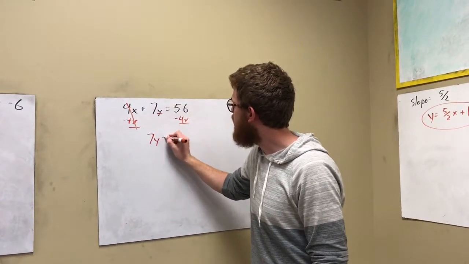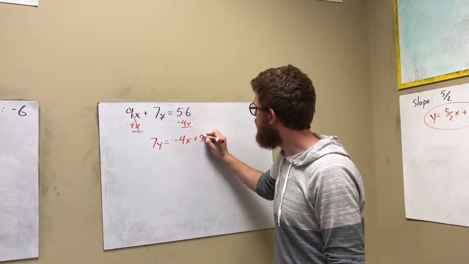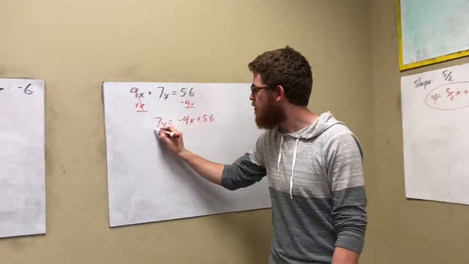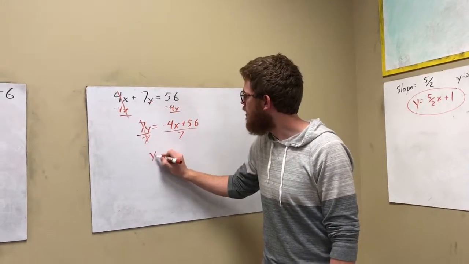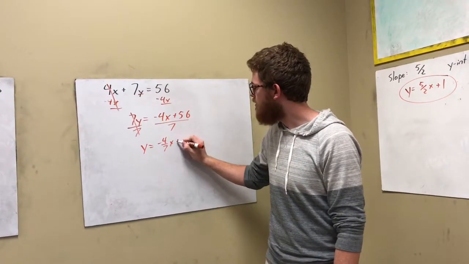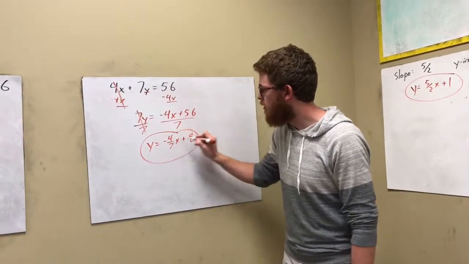Now we have 7y equals a negative 4x plus 56. To get y completely by itself, I'm going to divide both sides by 7, and that gives us y equals a negative 4/7 x plus 8. Now we are in slope-intercept form.